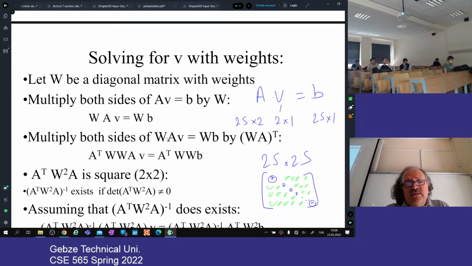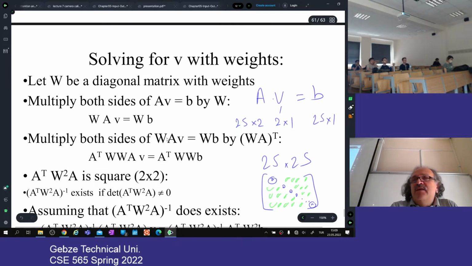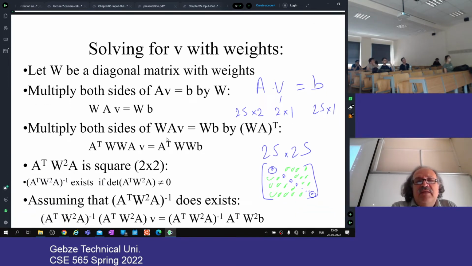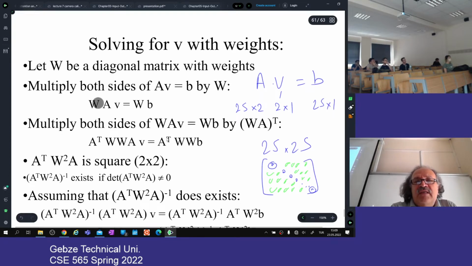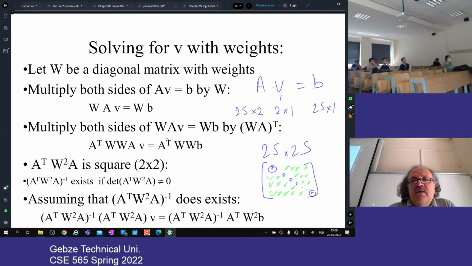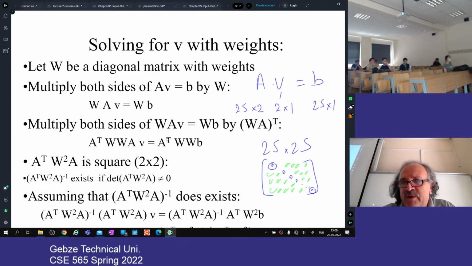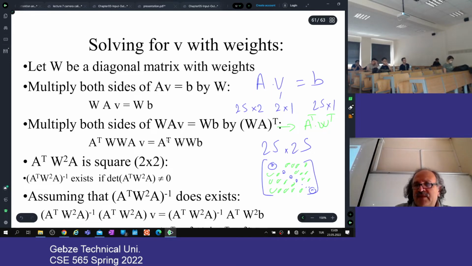So let's solve this one again. I know W, I know A, I know B, I don't know V. So the same thing again. Take the transpose of WA. Remember, if you take the transpose of WA, it makes A transpose times W transpose, right? That's what it says.